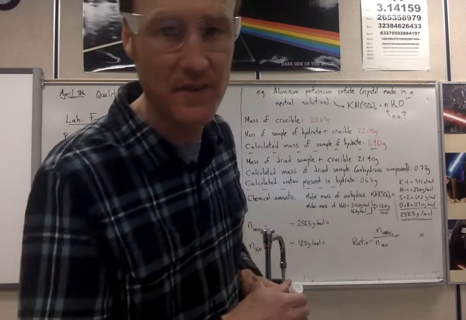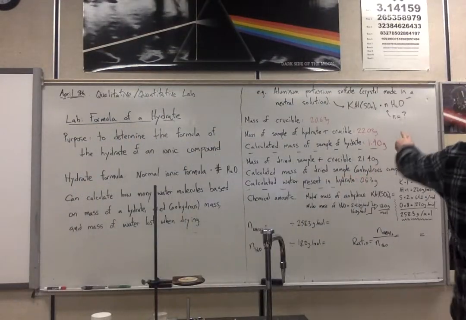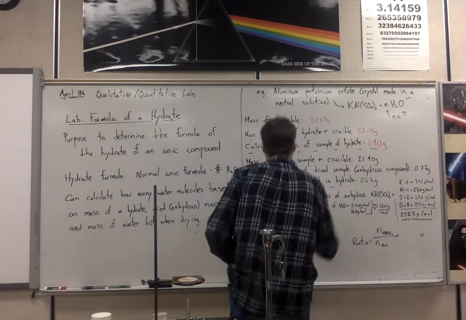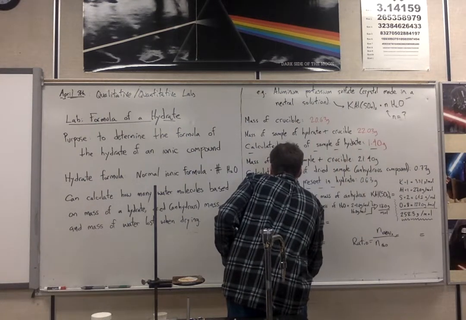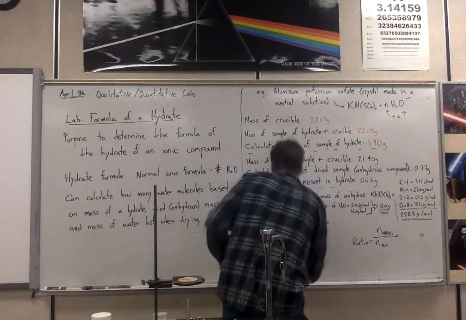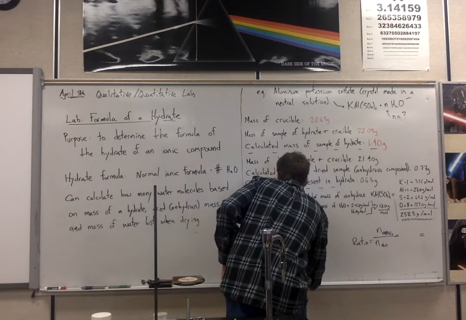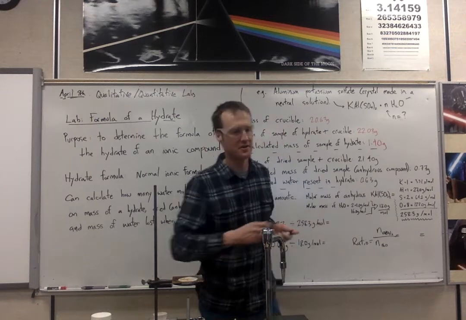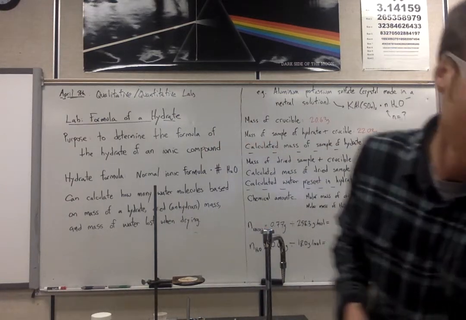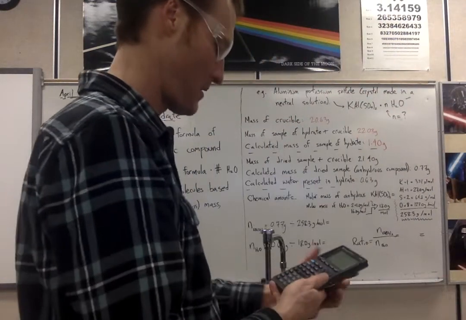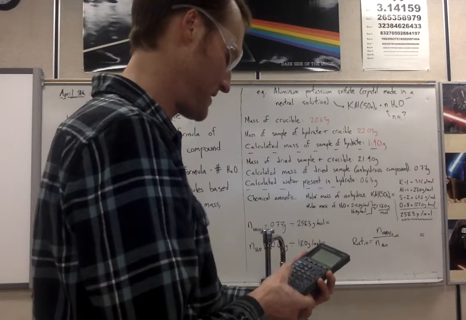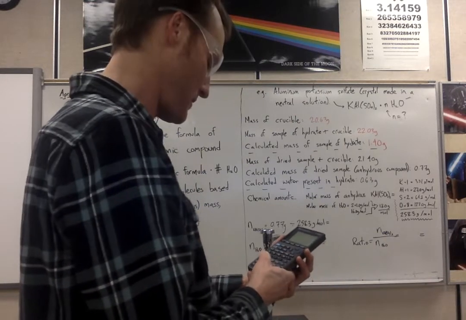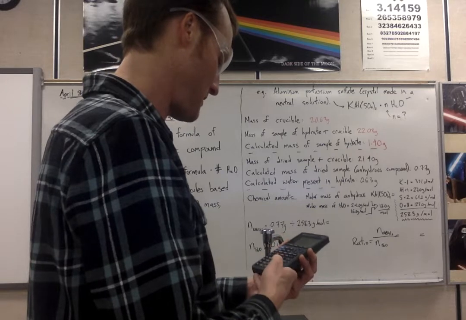Now let's take our mass values. Our anhydrate had a mass of 0.77 grams. And water, 0.63 grams of it were lost. Let's see how this turns out. 0.77 divided by 258.3.